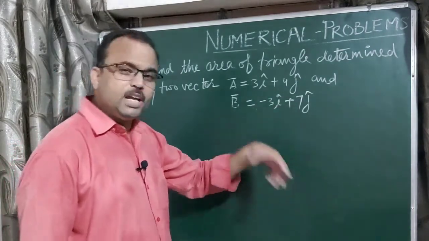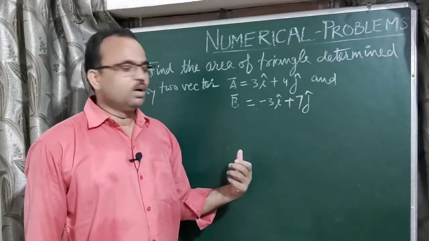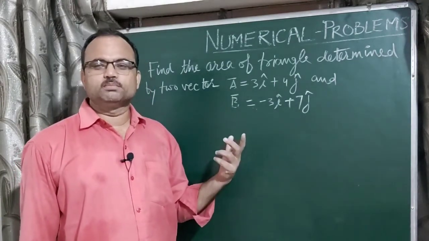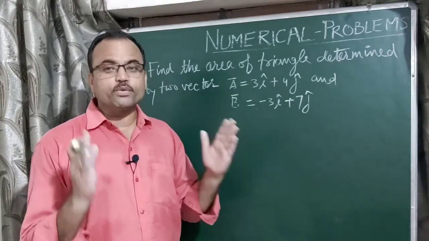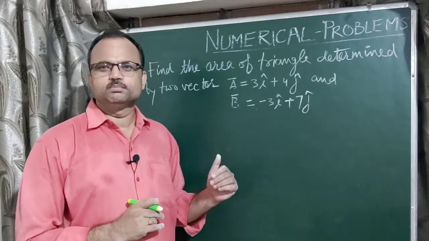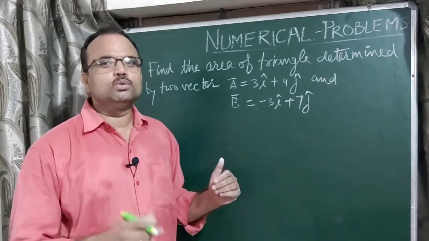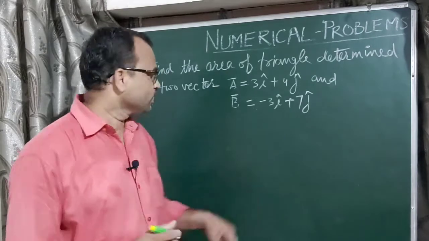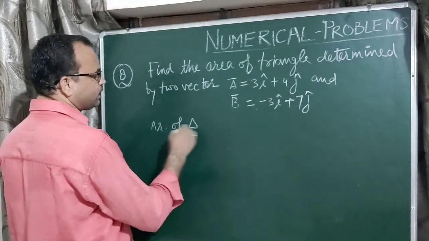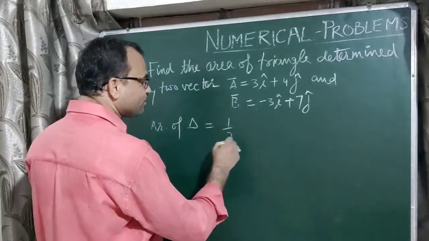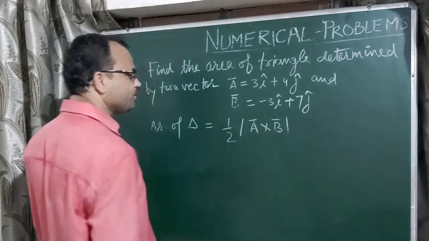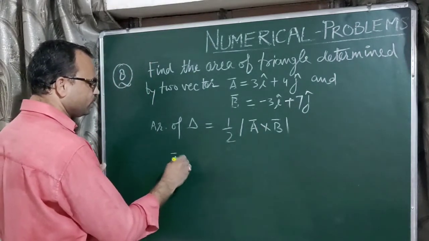In the previous question we know that the area of a parallelogram is equal to mod of a vector cross b vector, and half of a parallelogram is equivalent to a triangle. So we can write here: area of triangle is equal to half of mod of a cross b. So first we find the value of a cross b.